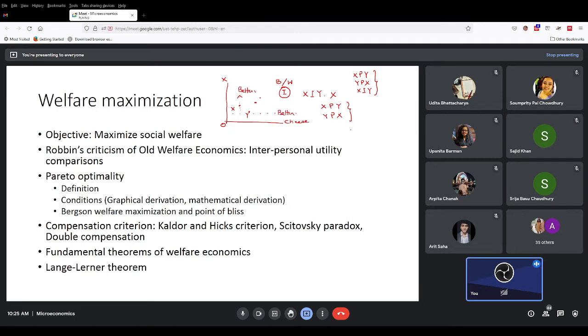And in case of partial ordering, you have 3 categories: YPX, XPY, XIY, and you don't know which is better and which is worse. In XIY, you are saying that they are equivalent, they are the same. But here you are saying that, look, I don't know which is better, which is not the same as XIY. So these two are not the same.